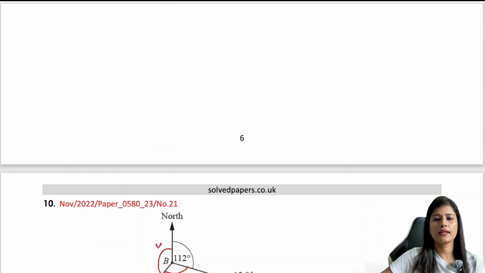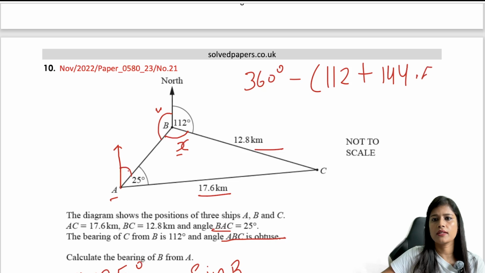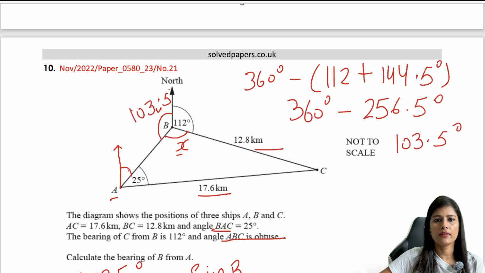So now this angle here will be 360 degree minus (112 degree plus 144.5 degree). So 360 degree minus 256.5 degree. This angle is 103.5 degree. So this angle we got 103.5 degree.